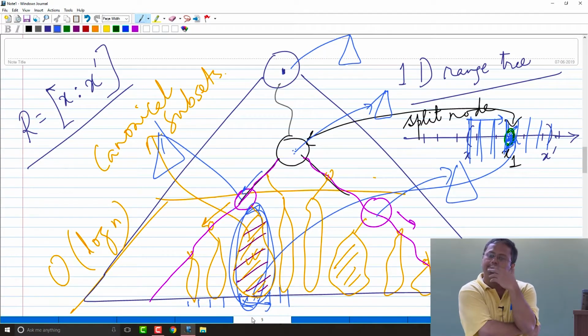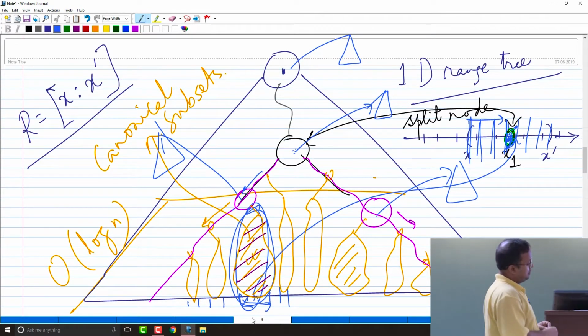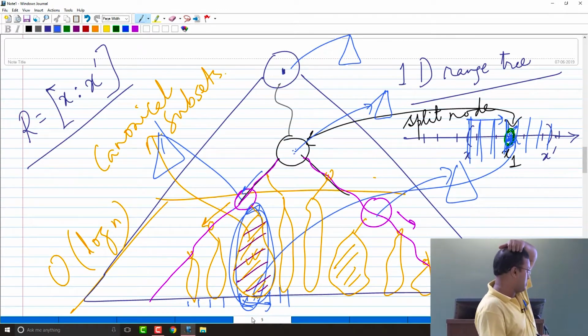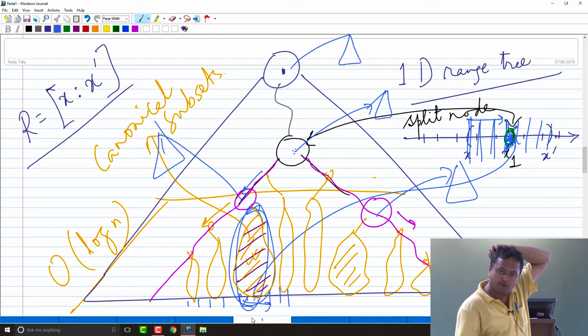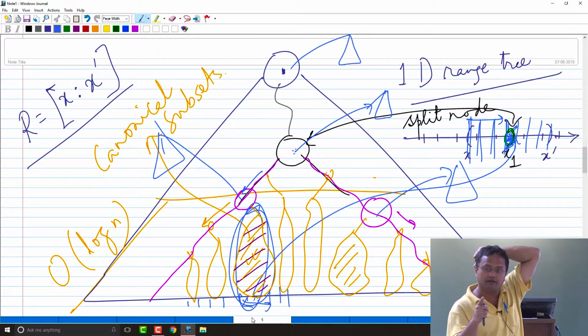See, the point is, this redundancy did help me. If you are going to remove this redundancy, it would affect the time. This redundancy actually helped me in getting to log squared n from square root n.